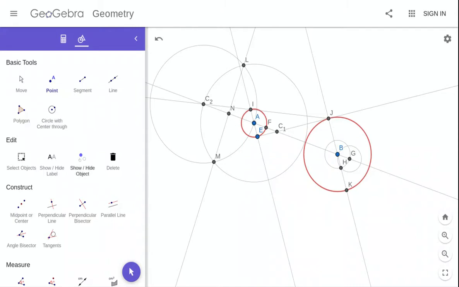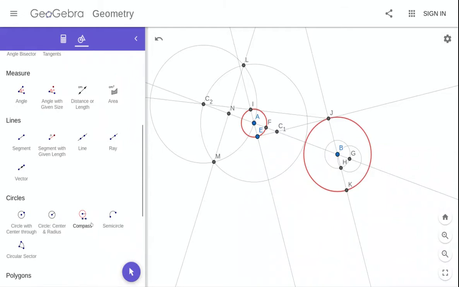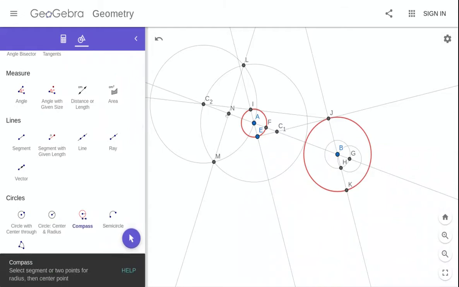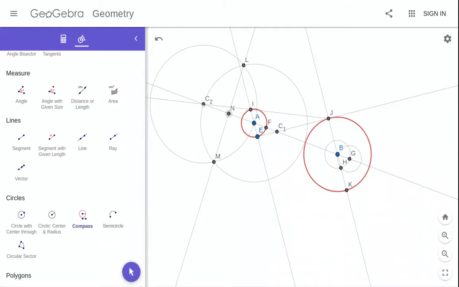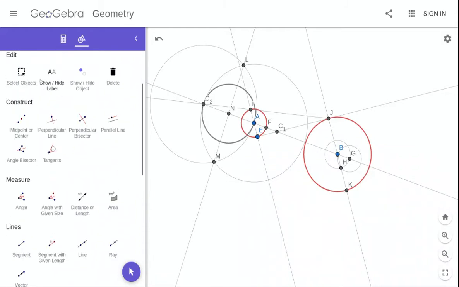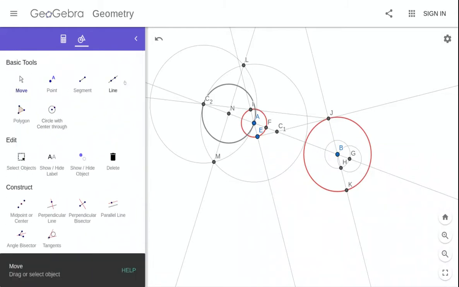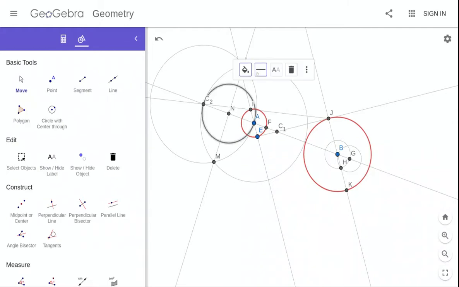So now what we need to do is go back to our compass and create the circle with center N and passing through these 2 points. Okay, passing through those 2 points. Everything is great. I'm going to just thin this construction line out.